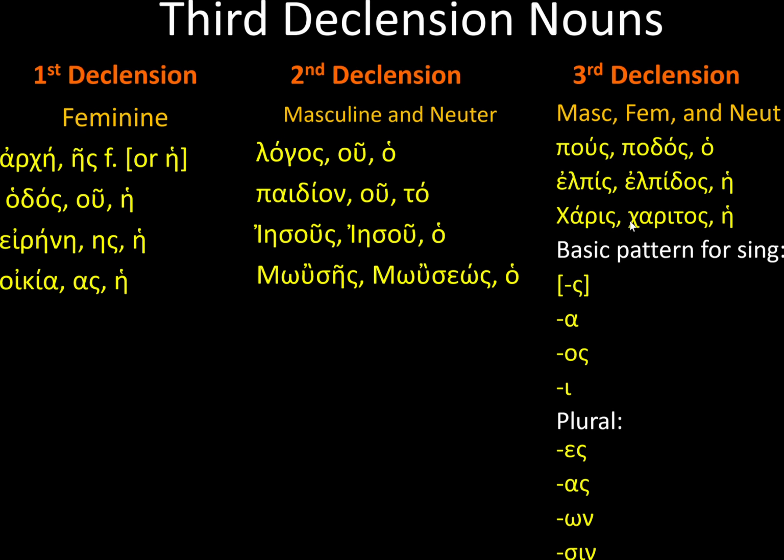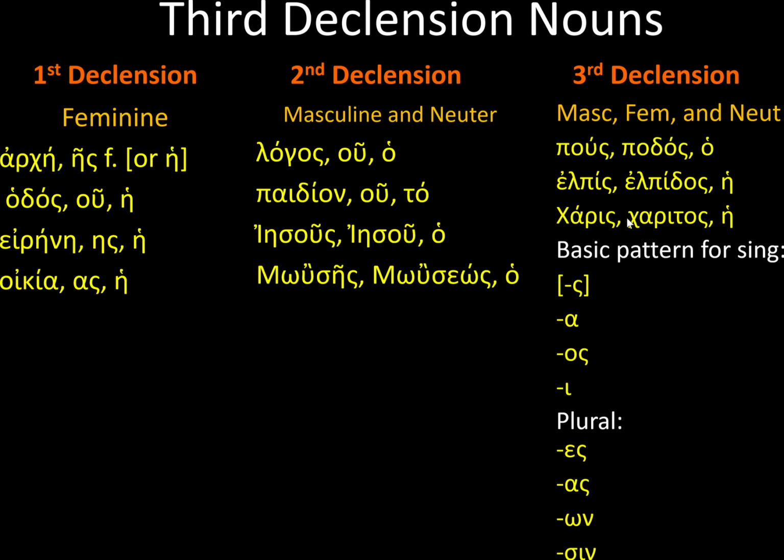Some are masculine, ho, some are feminine, he. Notice that we give the information nominative singular, genitive singular, and the article. Elpis, elpidos, he. Charis, charitos, he.